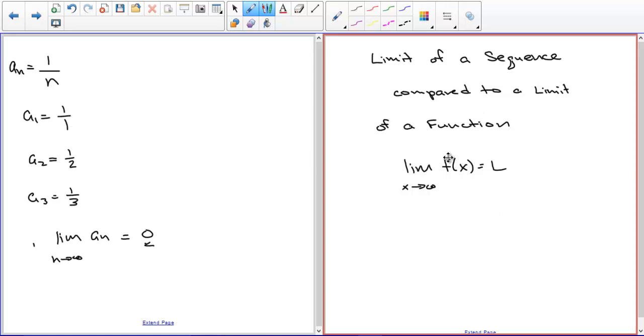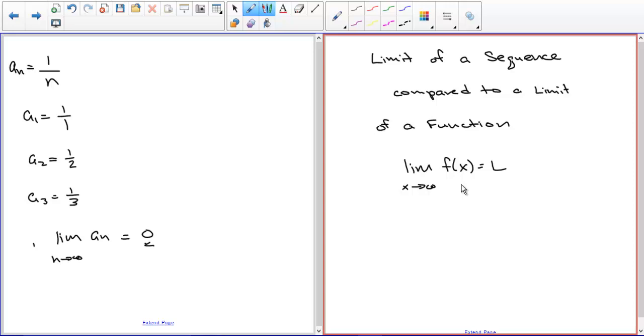So yeah, what is this trying to tell you? It's telling you that the rules that we used for evaluating limits of functions, you can also use for evaluating the limits of sequences.